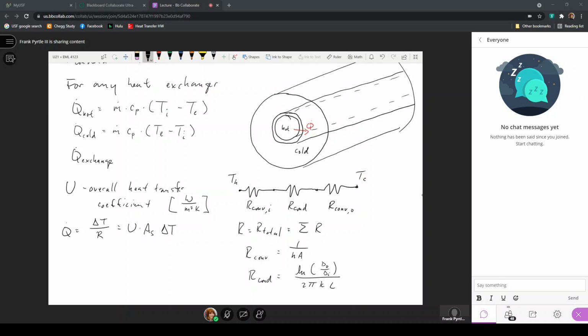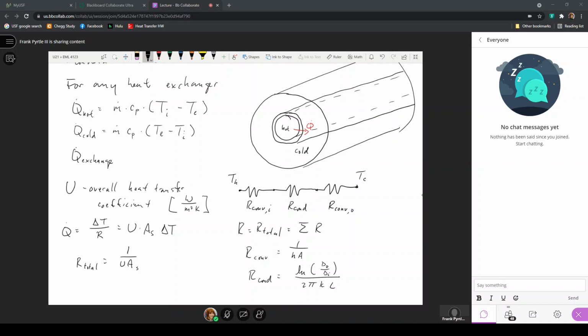but is representative of this average value of the resistance, or an average value of an expression of a convection resistance, so that this total resistance can be defined as delta T divided by U times A sub S, or 1 over U times A sub S, so that it looks just like an expression of a resistance due to convection, except that this overall heat transfer coefficient can take into account multiple expressions of convection terms.